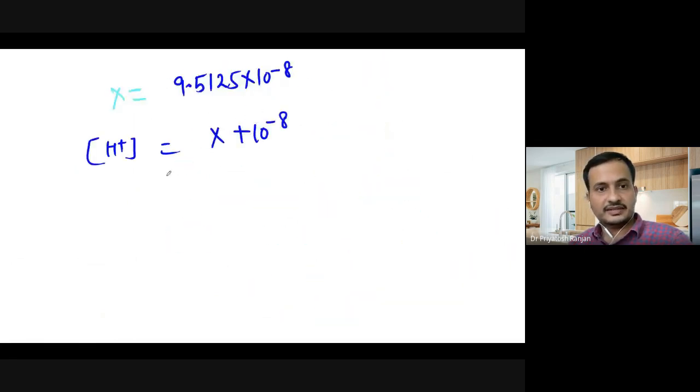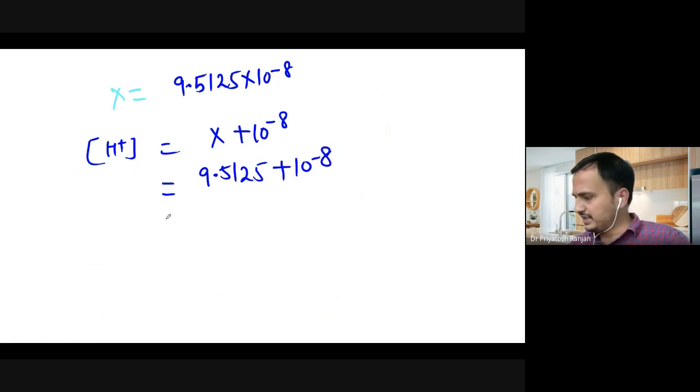So I just need to do a bit more calculation. It's 9.5125, this is the x value which I have calculated using the quadratic equation, and then 10 raised to the power minus 8.